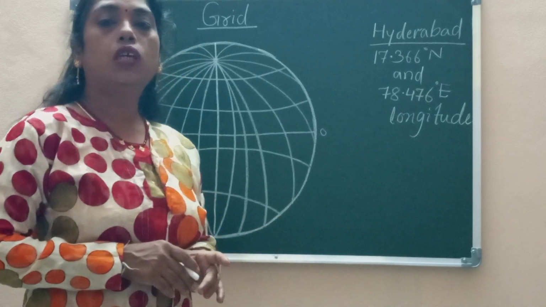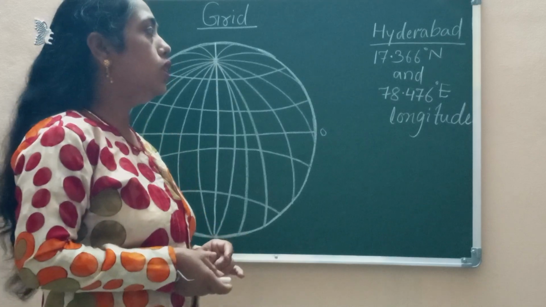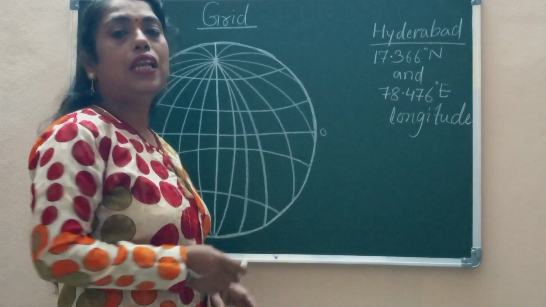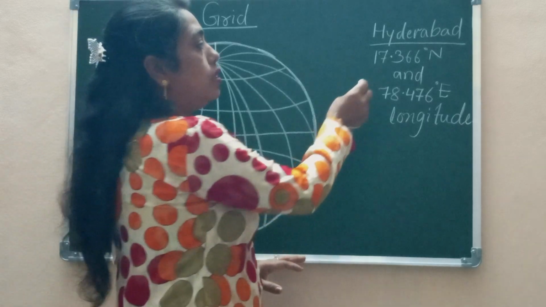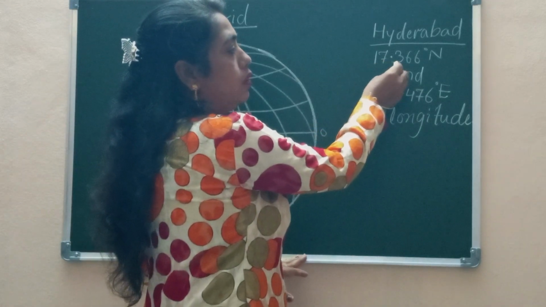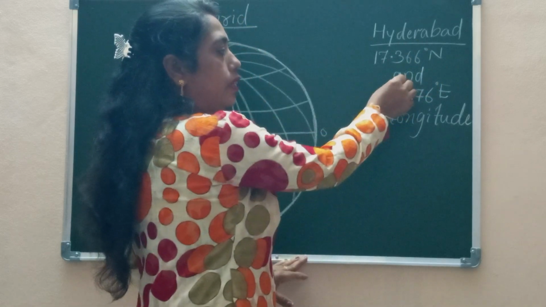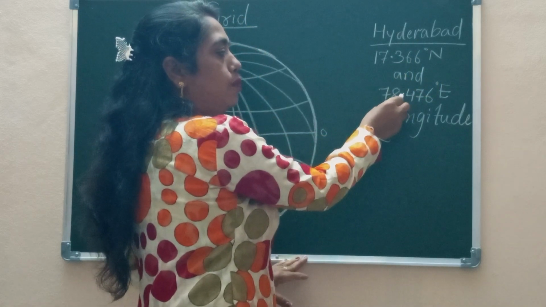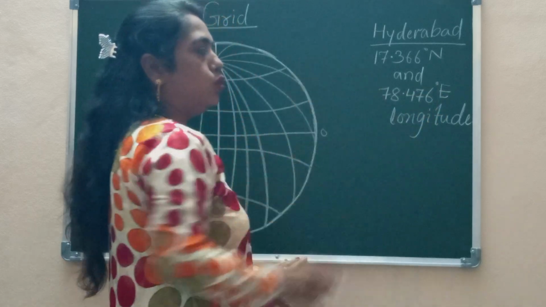As I am talking about Hyderabad, and I live in Hyderabad, the latitude and longitude which we can see on the grid is 17.366 degrees north and 78.476 degrees east longitude.